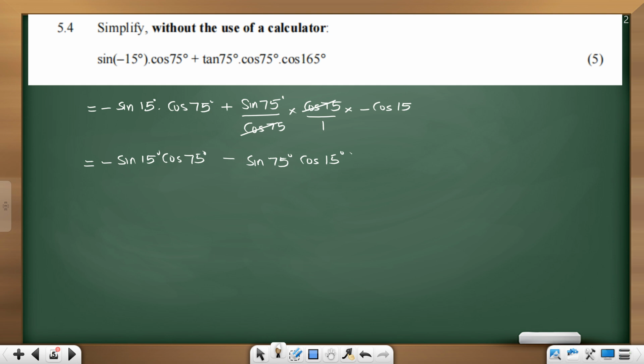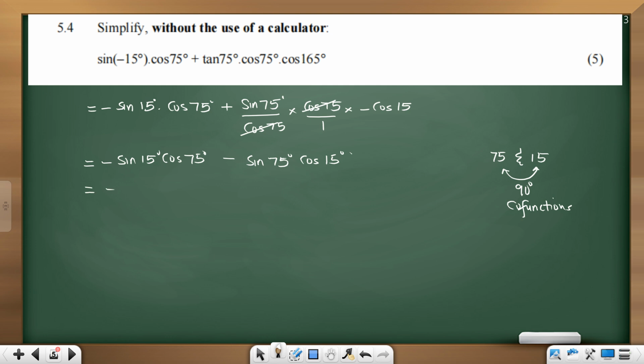But for us in grade 11, we're not doing compound angles. But the first thing I'm going to realize again is that 75 and 15, if I add them together, that will give me 90. So I'm going to bring in co-what? Functions.